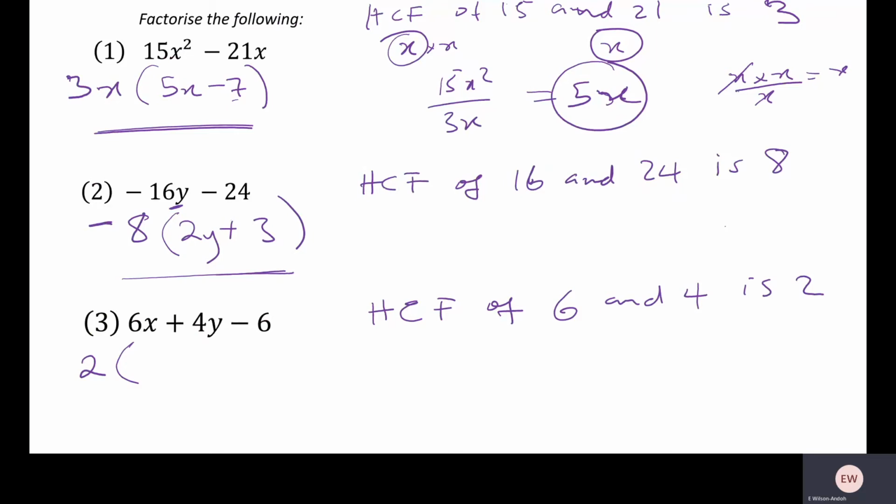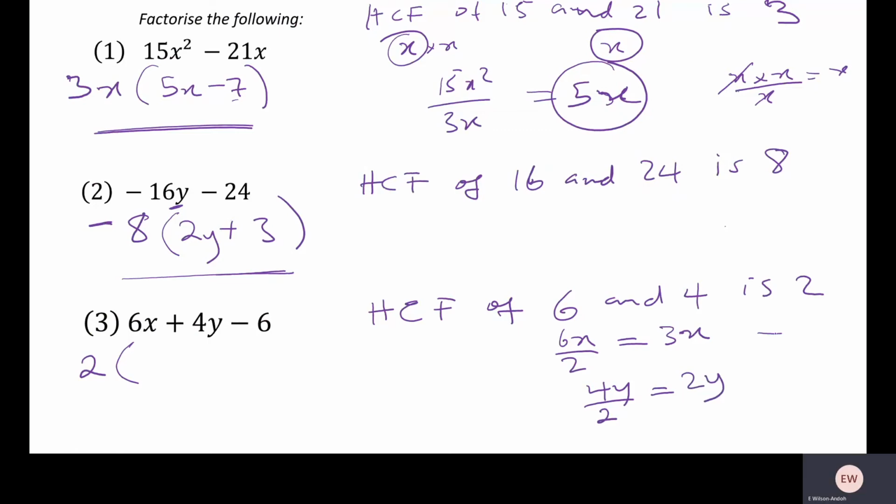Now, let's pick each term. So we have 6x divided by the highest common factor. This will give us 3x. And then 4y divided by 2. This will give us 2y.